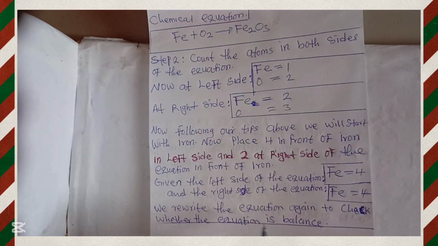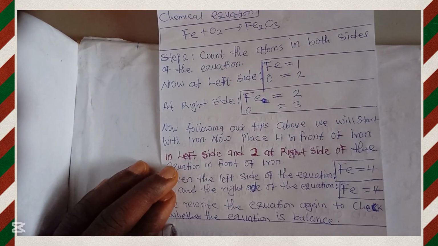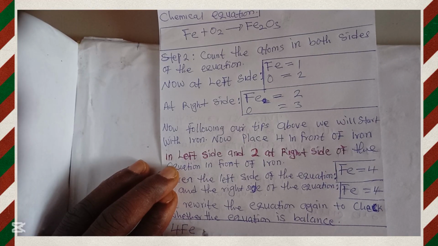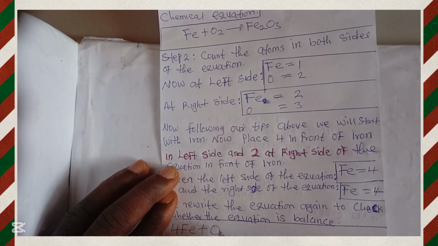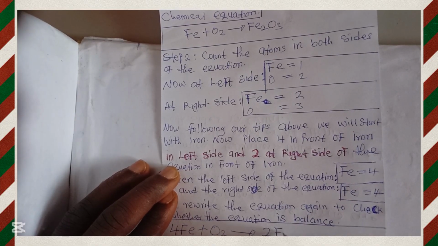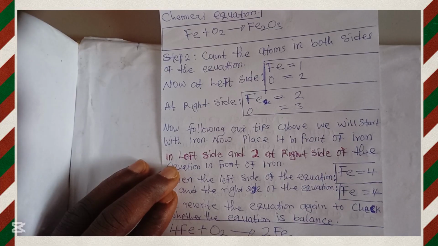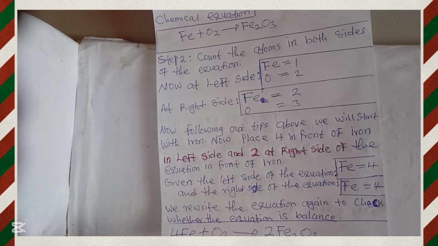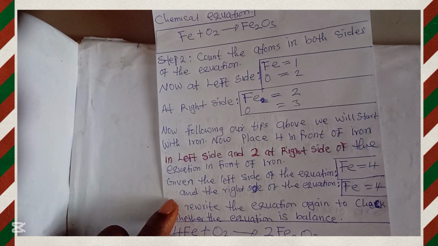We write the equation again to check whether the equation is balanced. 4Fe plus O2 giving us 2Fe2O3. Now in this equation, we have 4 iron and 2 oxygen on the left, and 4 iron on the right.